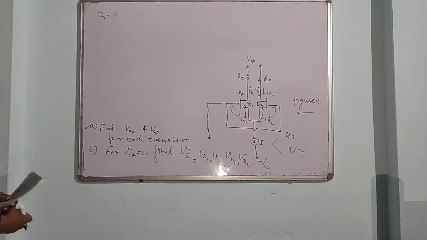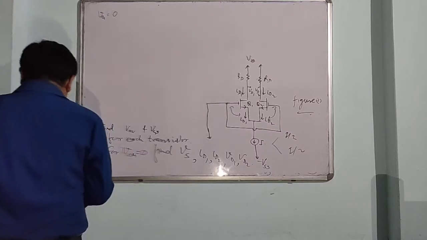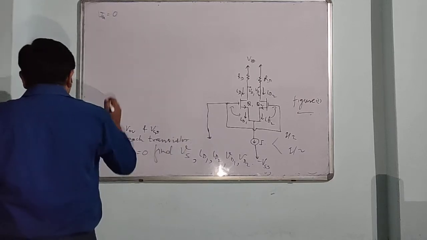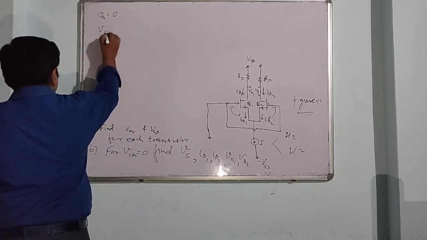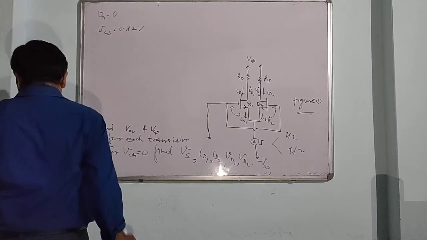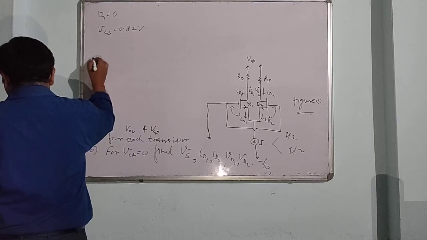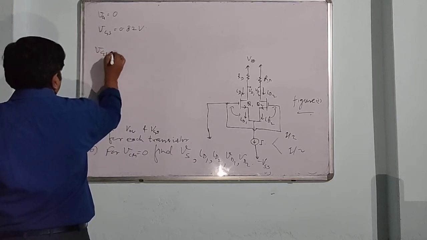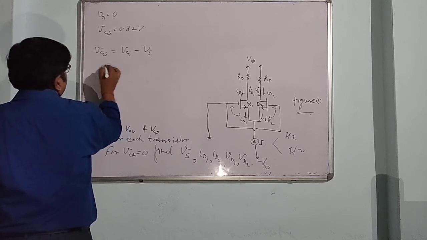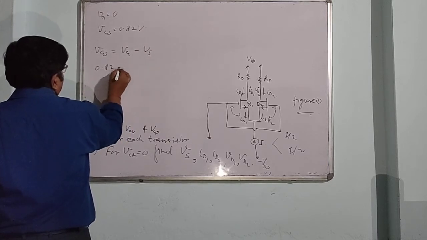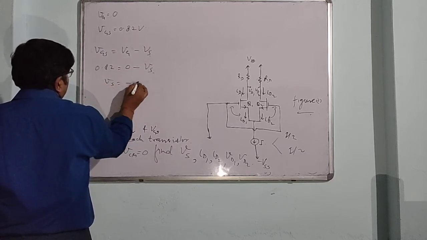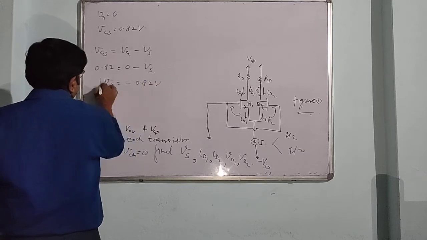You know that VGS is 0.82 volt. Then we can calculate source voltage because VGS equals VG minus VS, that is 0.82 equals 0 minus VS. So VS equals minus 0.82.